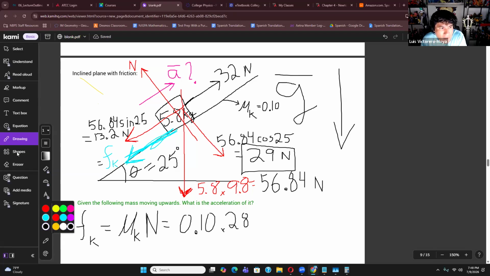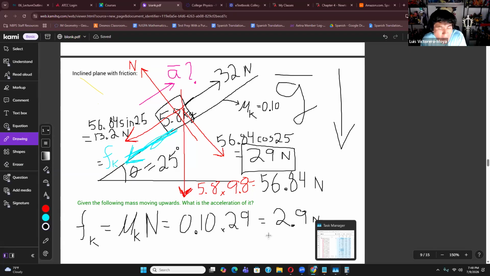So that will be 2.9 newtons. So it's not a lot of friction because it's a very tiny coefficient, but still, this is 2.9 newtons. So what is the net force pulling the mass upwards?